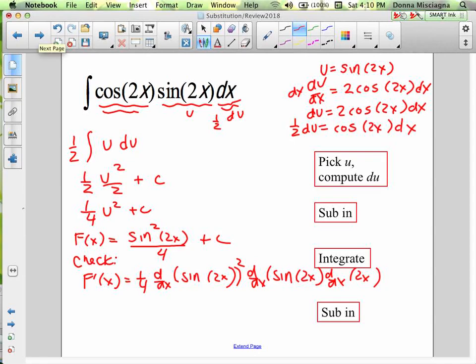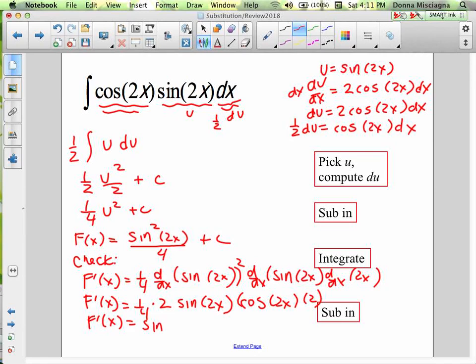All right, so this is going to be f prime of x equals, whatever the 1/4, the 2 would move in front, so times 2 sine 2x. Now the derivative of sine 2x would be cosine 2x, and the derivative of the 2x would be times 2. Well, we've got 2 times 2, that's 4. 1/4 of 4 is 1. And those will cancel. And so we have f prime of x is sine 2x cosine 2x.